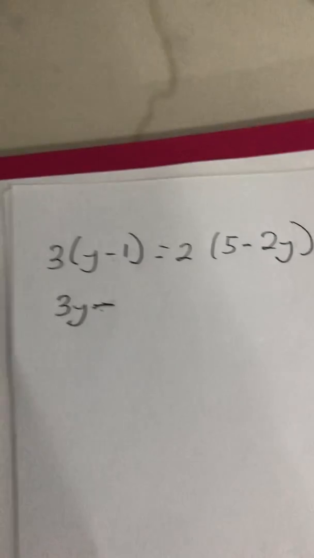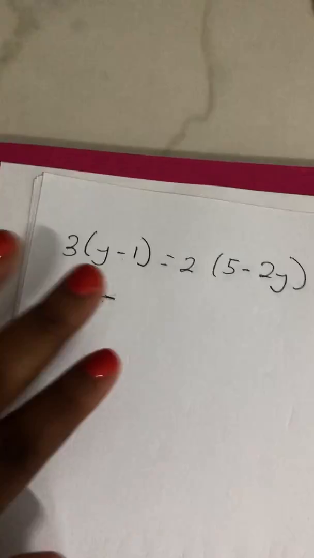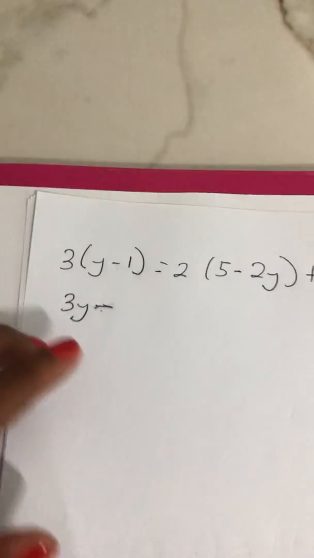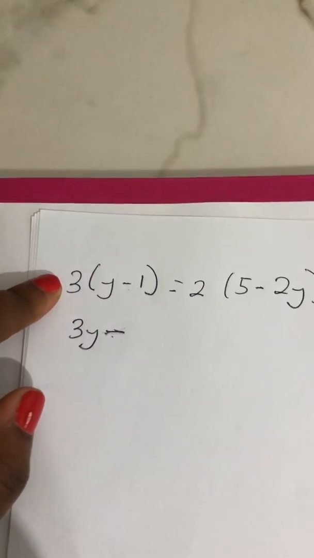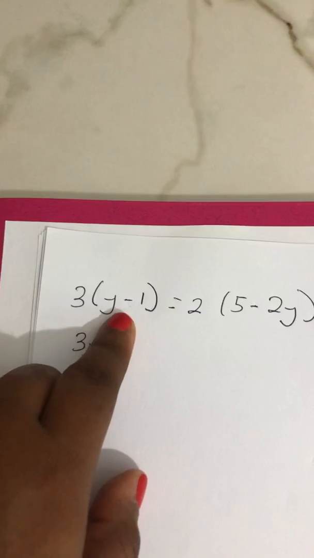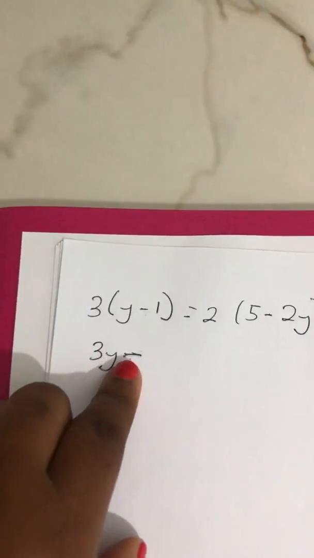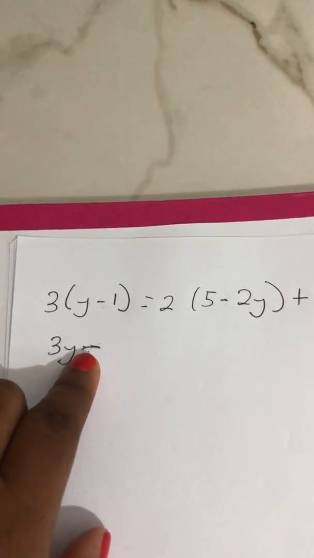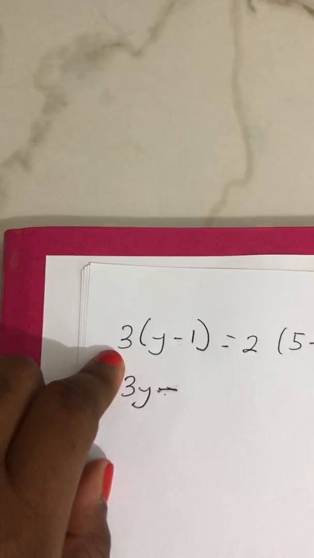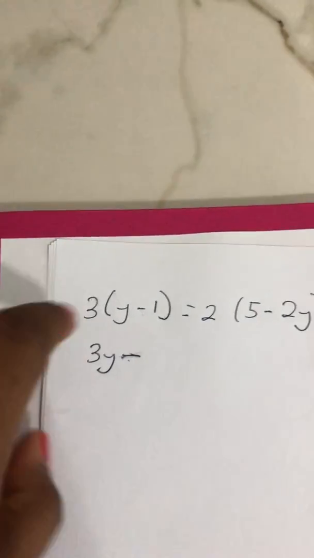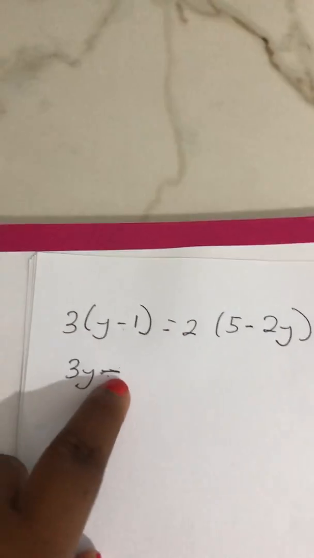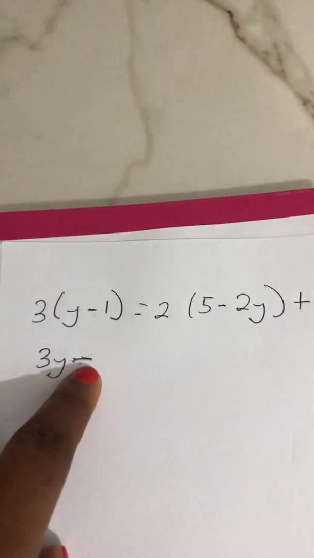But the reason why I ask you to pay attention to the operation signs is that you might have a minus 3 here. If you think that because it's minus here, you bring the minus down, then your answer will be wrong. Because if you have a minus 3 here, which is supposed to open the bracket, then minus 3 times minus 1 will not give you a minus 3, but a positive 3.